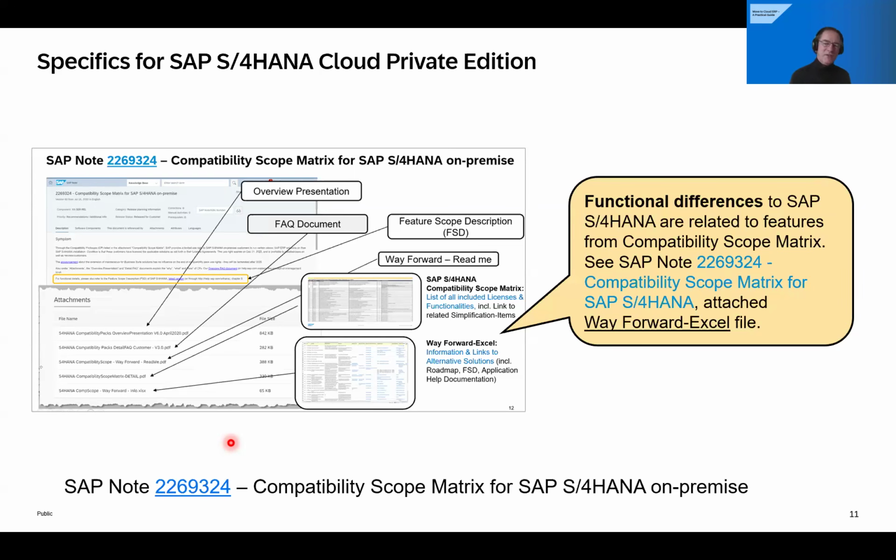Functional differences between the on-premise and the Cloud Private Edition are listed in there. This SAP note has an attached Excel document, and there is a separate column for targeting SAP S/4HANA Cloud Private Edition that you have to consider. That is a different thing for targeting Cloud Private Edition.